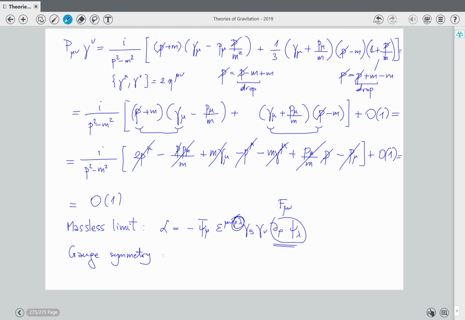So it's like having partial rho psi lambda minus partial lambda psi rho. And that means that if you make the following gauge transformation, the action doesn't change.